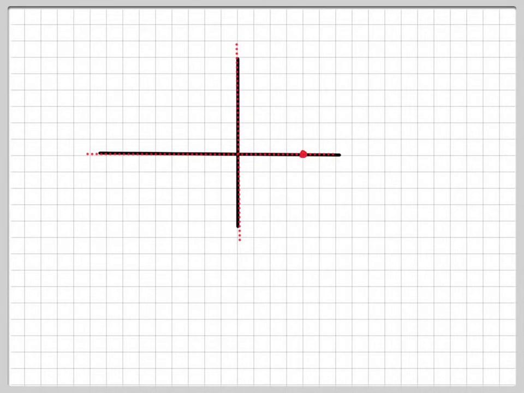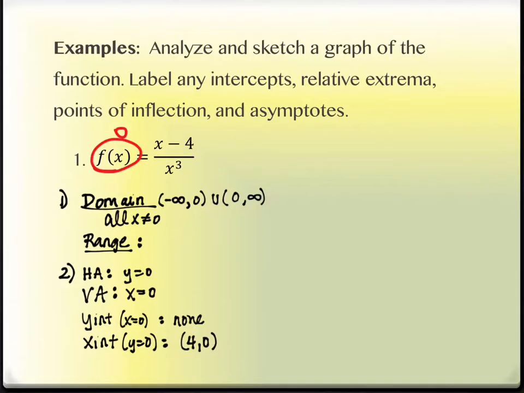The fact that I crossed at 4 and not also at negative 4 means that I don't have any kind of symmetry from left to right. I also don't have y-axis or origin symmetry, where you spin it around the origin, because that 4 would spin around to negative 4. So there's no symmetry, and I can write that down as a feature here.